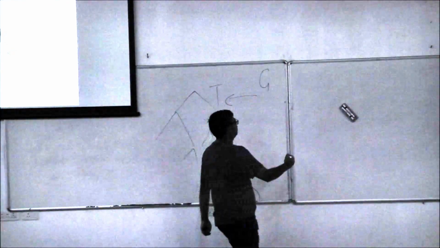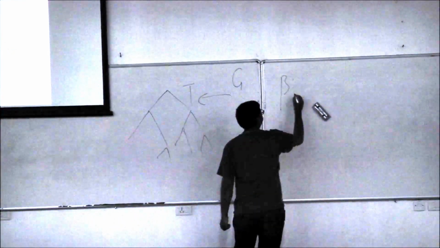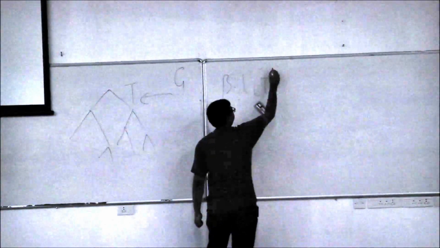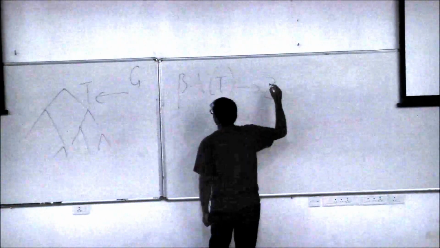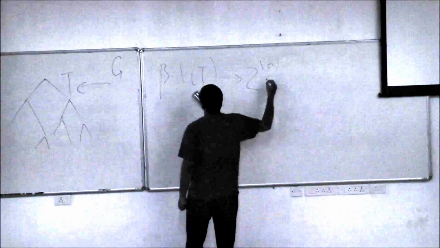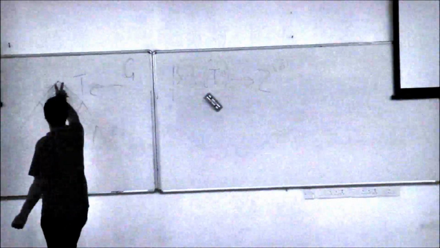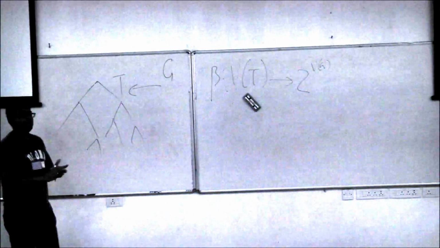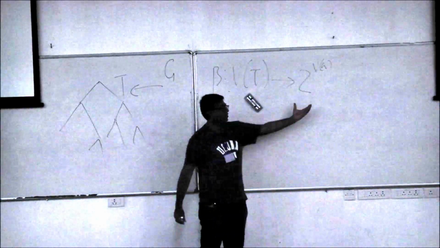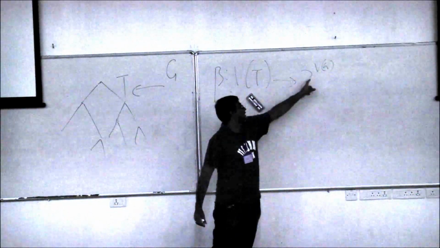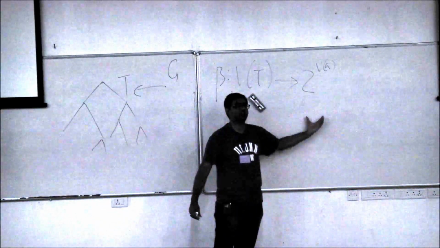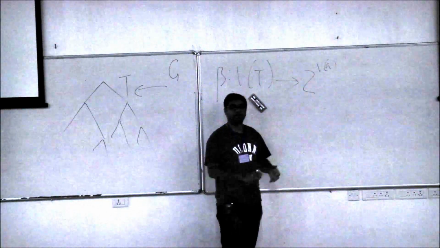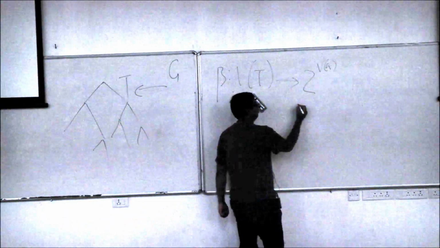Basically, you have a function from the vertex set of T to 2 to the power vertex set of G. So every node here will have an associated subset of vertices. And this is what is traditionally called a bag.